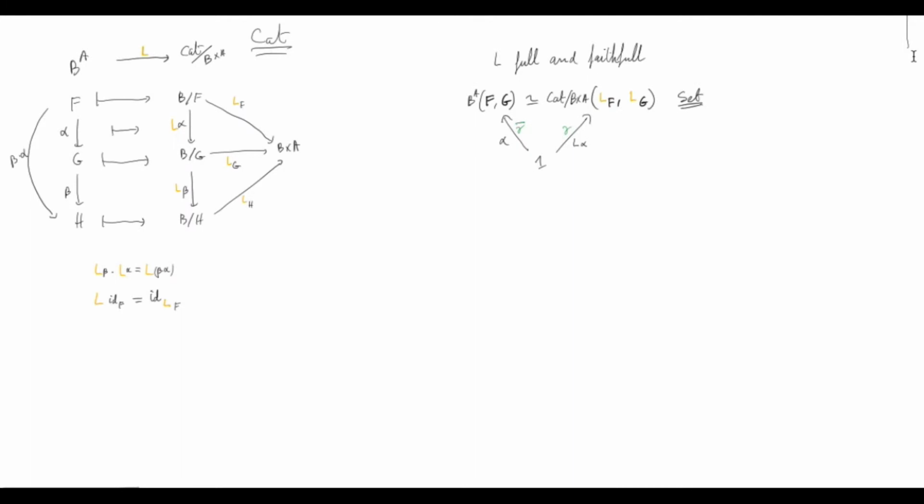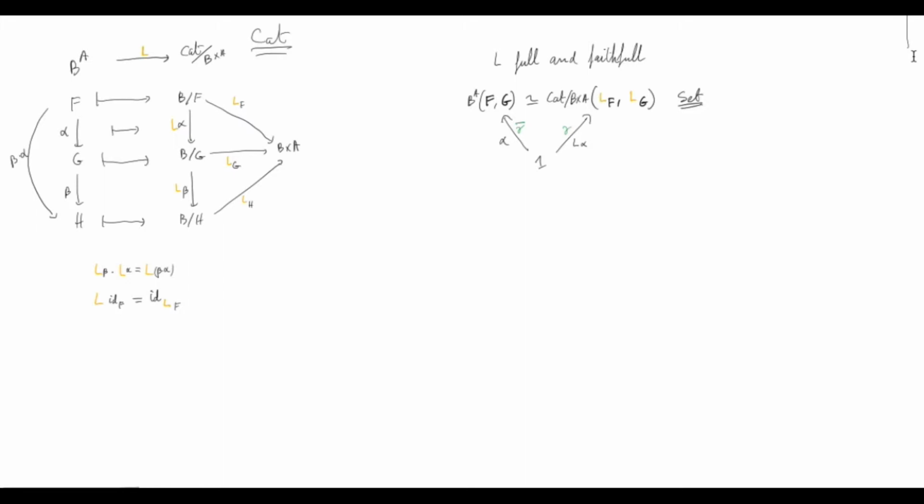It means for a fixed pair of objects F and G in B exponent A, we have an isomorphism between the Hom set, that is the set of morphisms in B exponent A from F to G, that is for each natural transformation, we have one and only one morphism in the arrival category between L F and L G. So we've seen how we go from alpha to L alpha by post-composing.